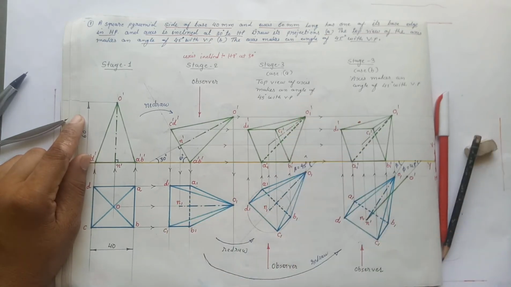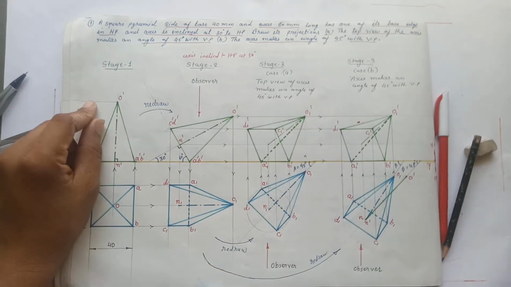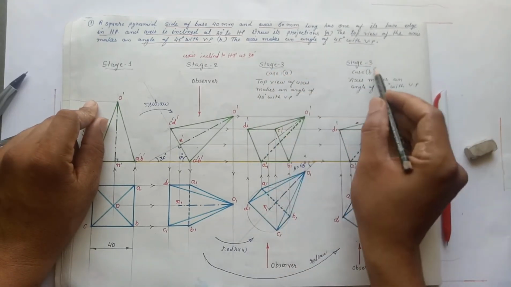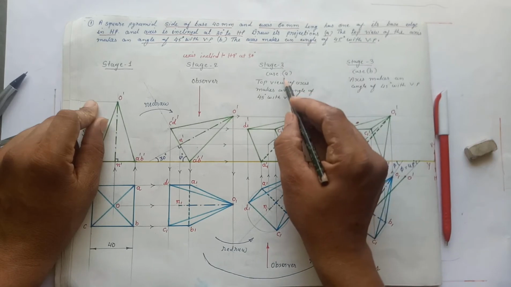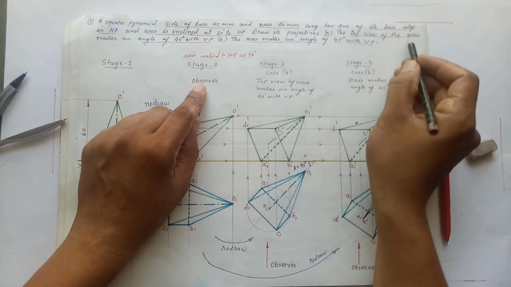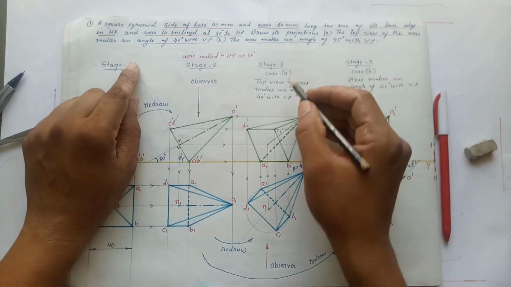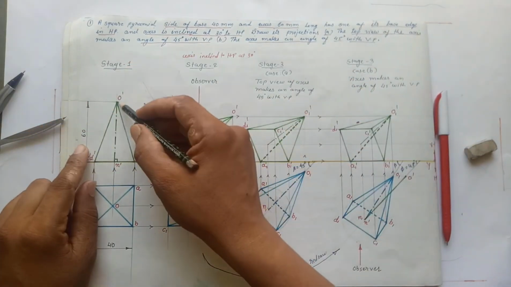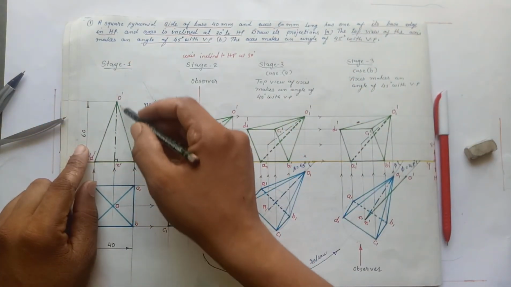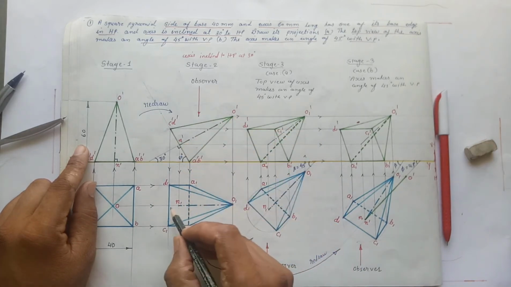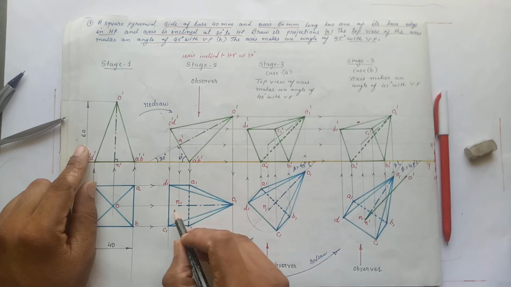Now comes the third stage. For the third stage we have two cases, case A and case B. In case 1, it is given that the top view of the axis makes an angle of 45 degrees to VP. This is the elevation of the axis, and it will give us the true length, and this is the top view of the axis, O1 and 1.